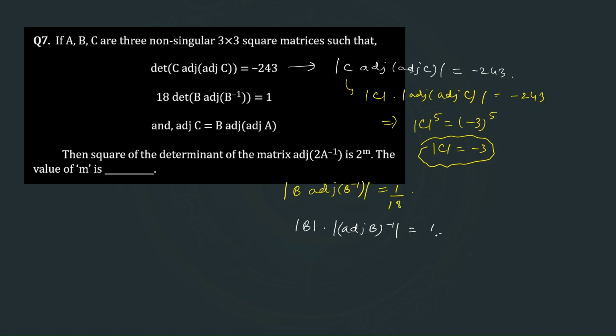It is equal to 1 by 18. Now this one we can again write as 1 by determinant of adjoint of B. And determinant of adjoint of B will be simply determinant B square, because B is a 3 by 3 square matrix. So this gives us determinant B equal to 18.